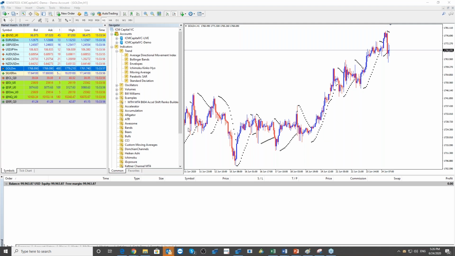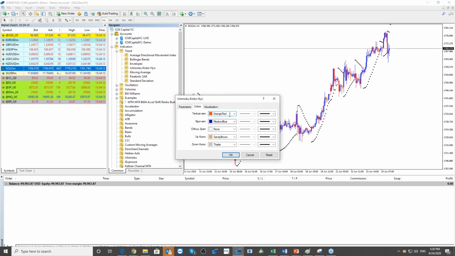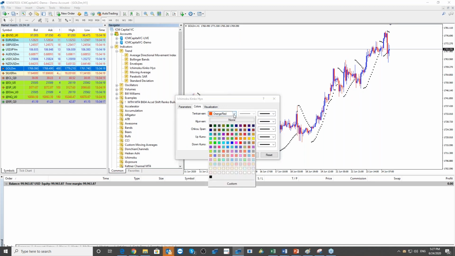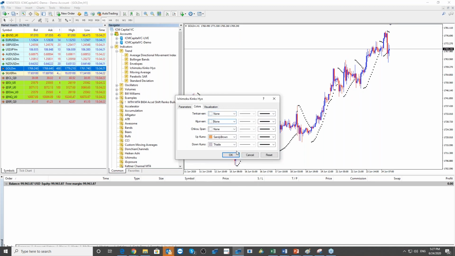I tend to use Ichimoku and I like to use both the SAR and Ichimoku. Are these two indicators okay to use together? Well, as we were saying a while ago, you can use a filter for the SAR. You can, for example, put the Ichimoku Kinko Hyo on the platform here, remove the lines and just keep the cloud itself.